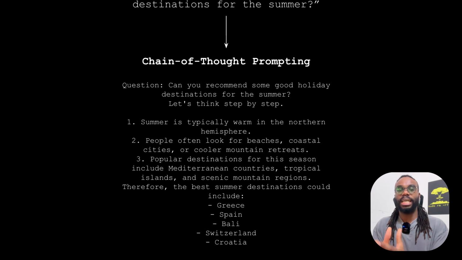The next one is chain of thought prompting. The reason why you would do this is to let the LLM see its reasoning steps as well, or think step by step about a certain problem before coming up to an answer. This is trying to surface up the latent reasoning capabilities within large language models.